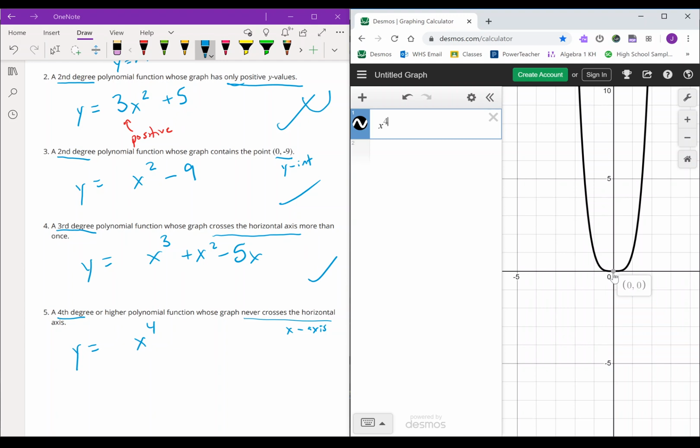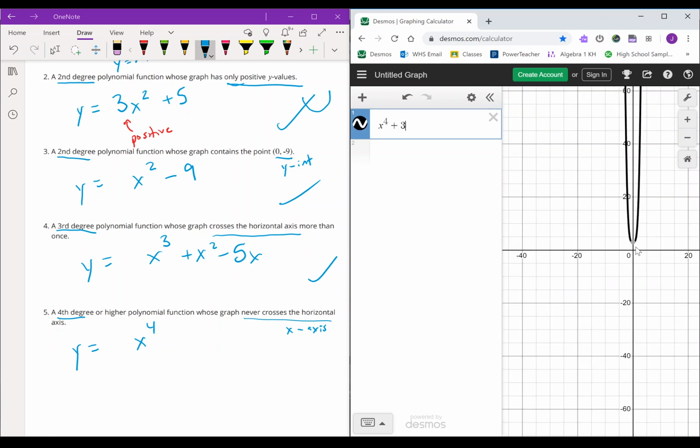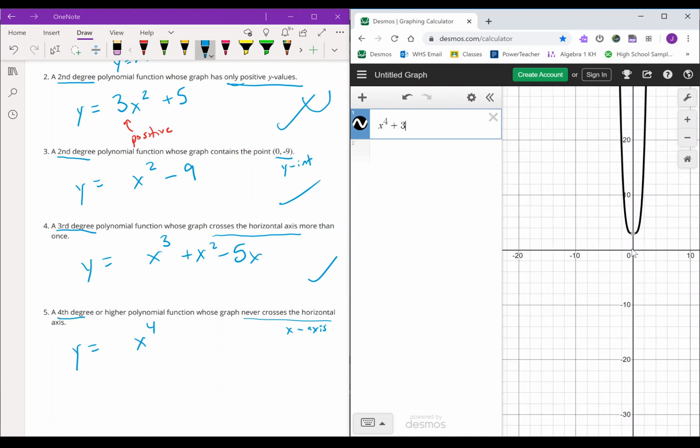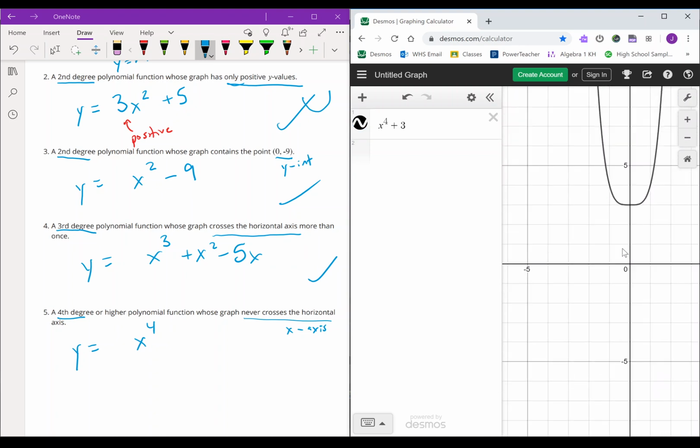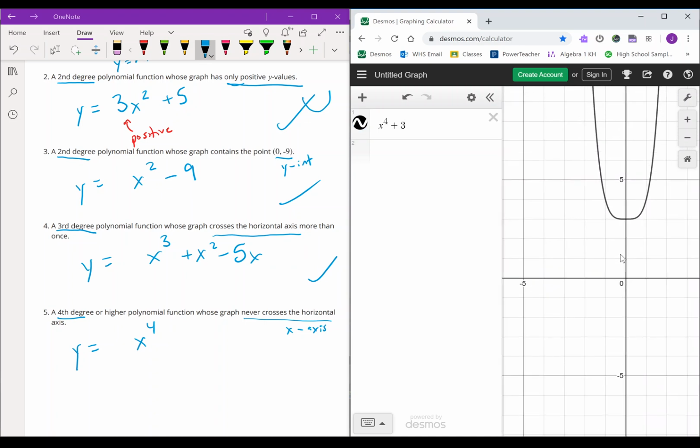Okay, well, that crosses, or at least touches the x-axis one time there. How can I change that? What if I put on, let's see, I know I can shift the whole graph up if I do plus something at the end, so let's do plus 3. Okay, well, now let's zoom out to make sure. It looks like our graph is never crossing the horizontal axis, so that's good. So x to the fourth plus 3 seems to work.